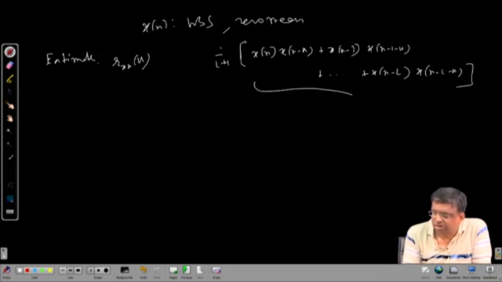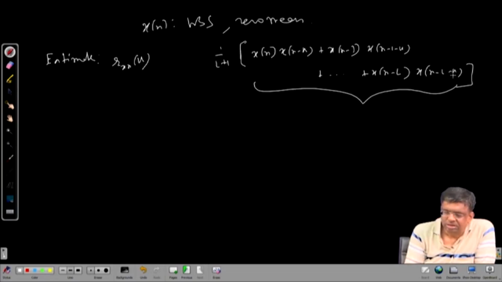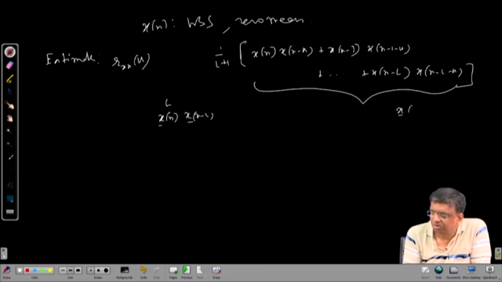If I take this part, you can see x(n) transpose, because we all know the x(n) vector.